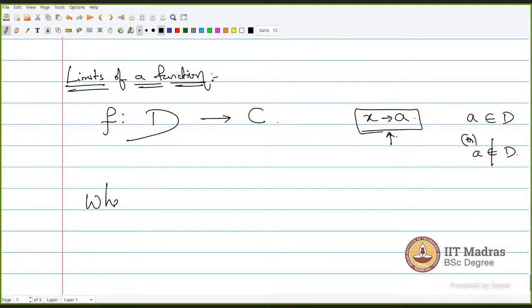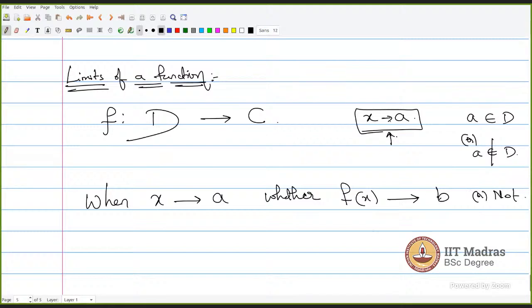So simply we are checking, when x is tending to a, whether f of x tends to some particular value, let's say b, or not.